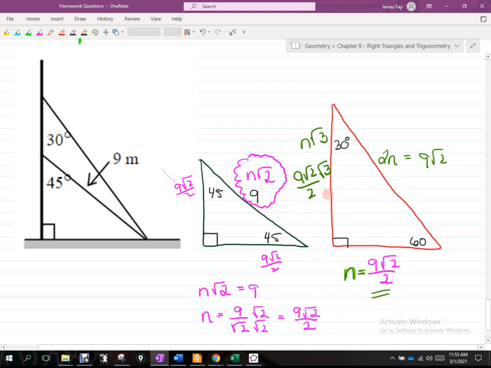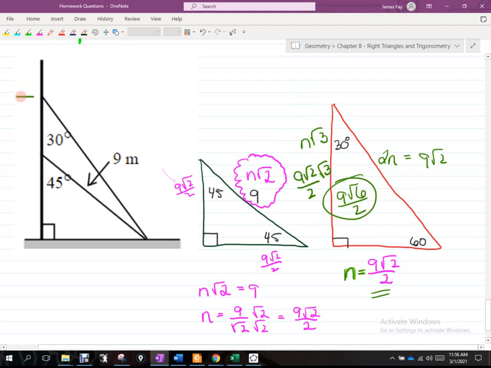You type that in, it's going to tell you you're wrong because of simplification rules. I want to multiply the radicals together up there, so it's going to give me 9 radical 6 over 2. And that is the length of that right triangle.